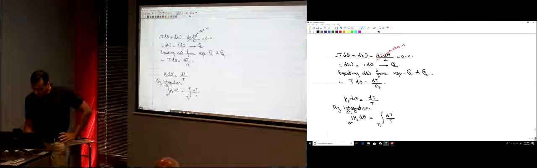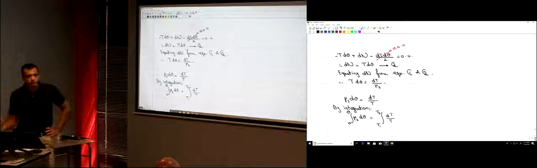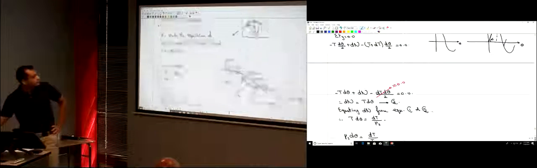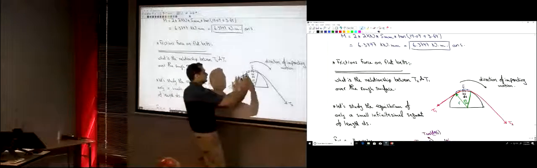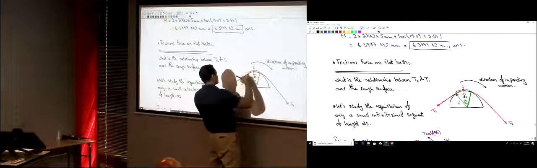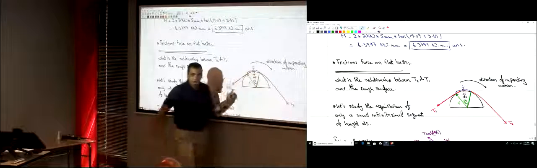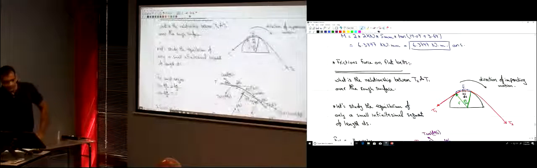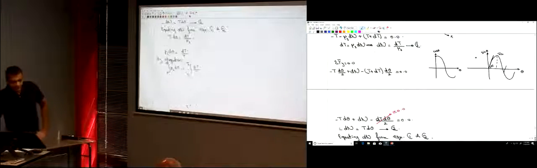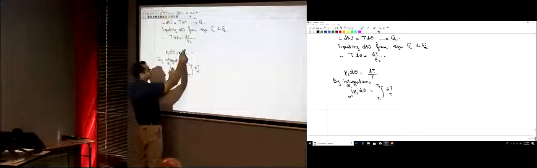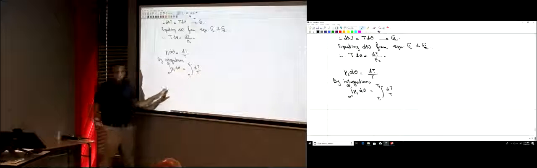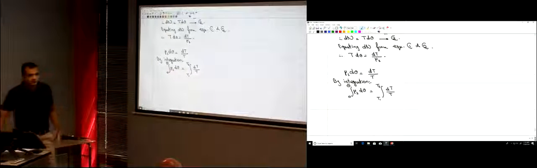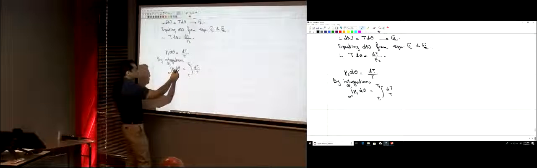From T1 to T2, right? Along this angle theta, the tensile force changed from T1 to T2. I'm integrating the left side with respect to d theta, and this one with respect to dT. Okay? So now, mu s is constant.